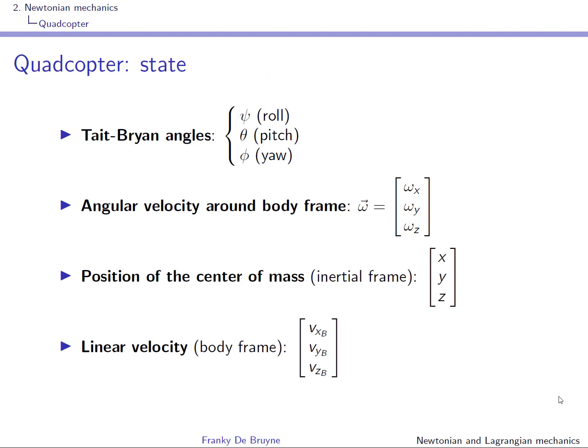Okay, so here we defined the states of our model for the model of the quadcopter. Remember that we had 6 degrees of freedom, 3 for translation and 3 for rotation.